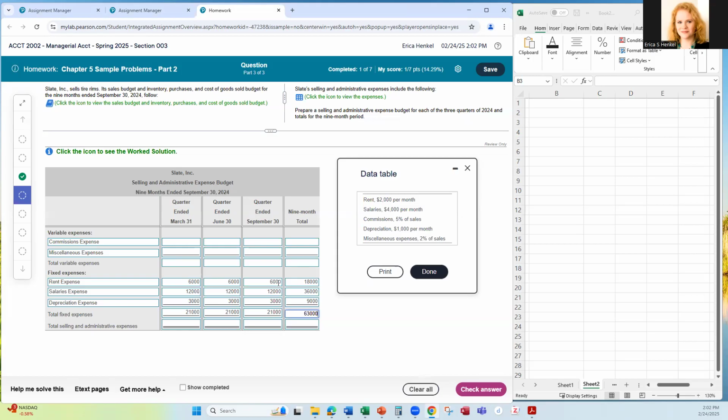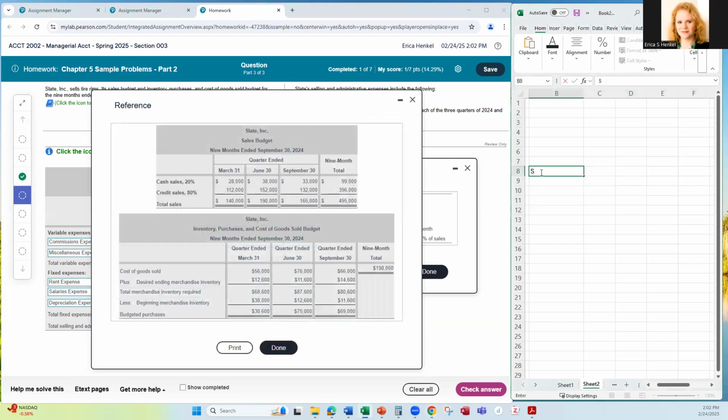So now we need to look at our commissions, which are 5% of our sales. For sales, we're going to be using the amount that we actually sell here because your commissions are going to be based on what you sell. So total sales, 140,000, 190,000, 165,000.